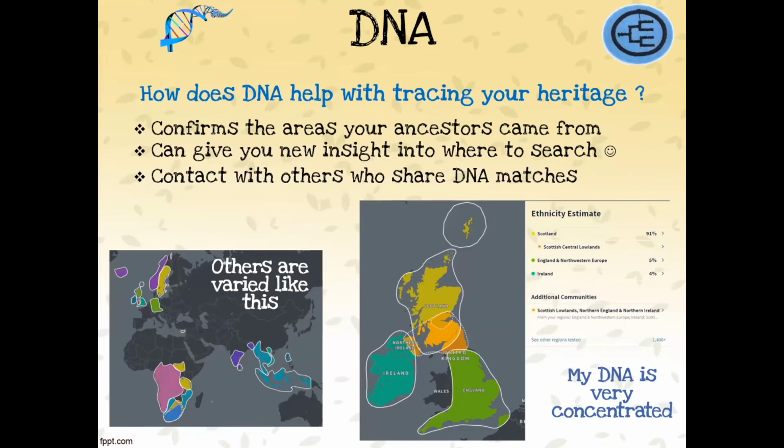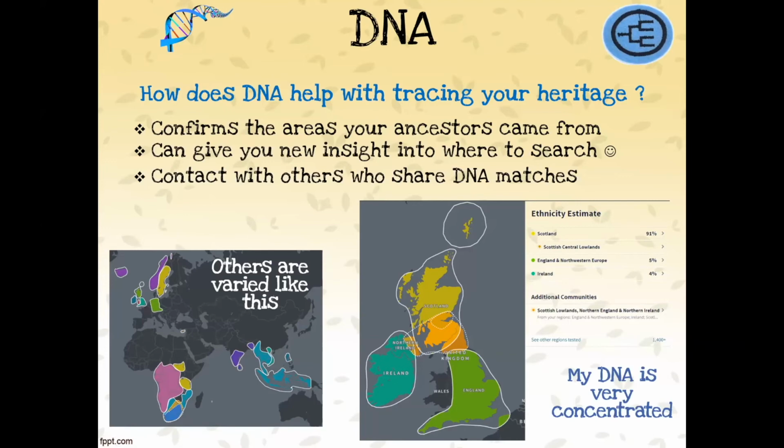DNA. Now, this is an interesting one because for Pathfinders in your age category, you'll not be able to do DNA tests yet. You have to be 18 in order to do an ancestry DNA test. But how does your DNA help in tracing your heritage? Well, it confirms the area your ancestors came from.